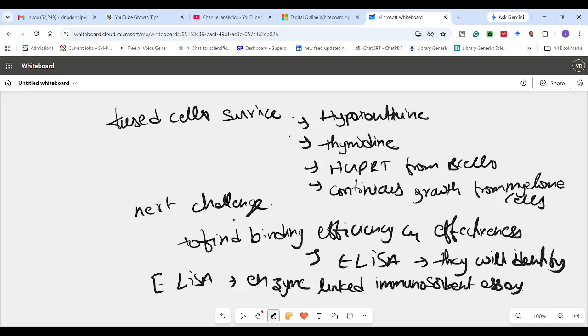Usually the antigen is coated, and ELISA shows how strongly it is binding. We can identify protein-protein or antibody-antigen interactions based on effectiveness and binding efficiency. We can isolate that and use it for therapeutic purposes.